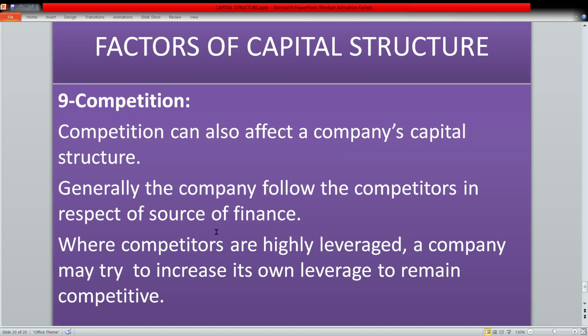Then comes the competition. Competition can also affect a company's capital structure. Generally, the company follow the competitors in respect of source of finance.